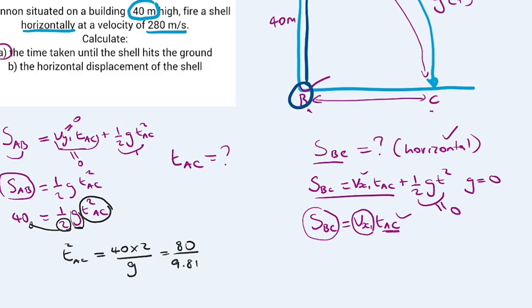Then to remove the squared, we have to put the square root on both sides. It's going to be T_AC. When you put a square root on both sides, you are left with the time A to C equals the square root of 80 divided by 9.81.